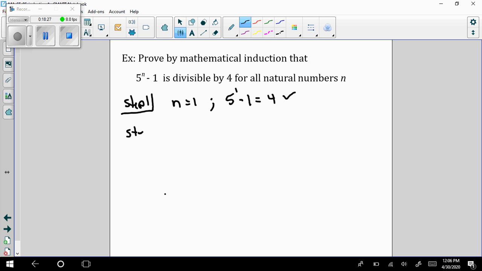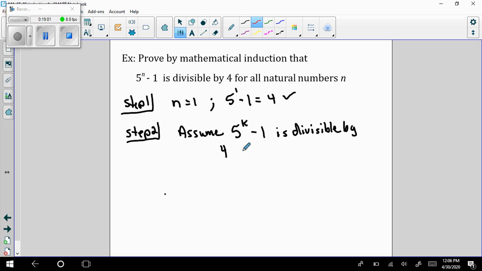All right, so step 2. This one's going to be a little bit different. So we're going to assume that 5 to the k minus 1, this is where we substitute n equal to k, is divisible by 4. Okay, so then we're going to have to create a new statement here.